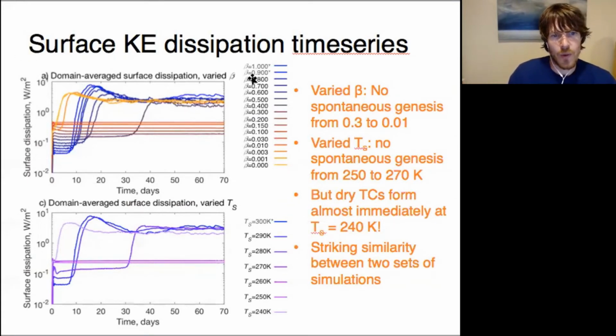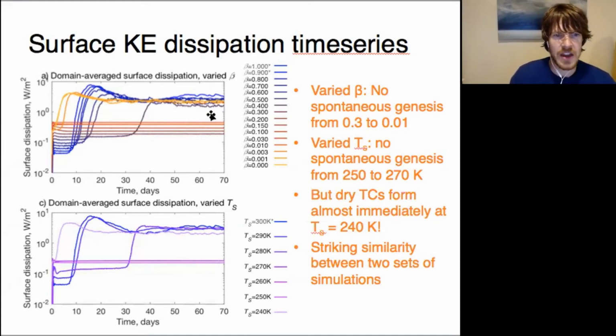And so over a range of surface wetness, we see that the wet storms all have an initial peak in their dissipation that settles down into an equilibrium. As the surface is dried out to beta equals 0.3, which takes the longest to form storms, we still end up with similar values of kinetic energy dissipation, though they're a bit smaller.